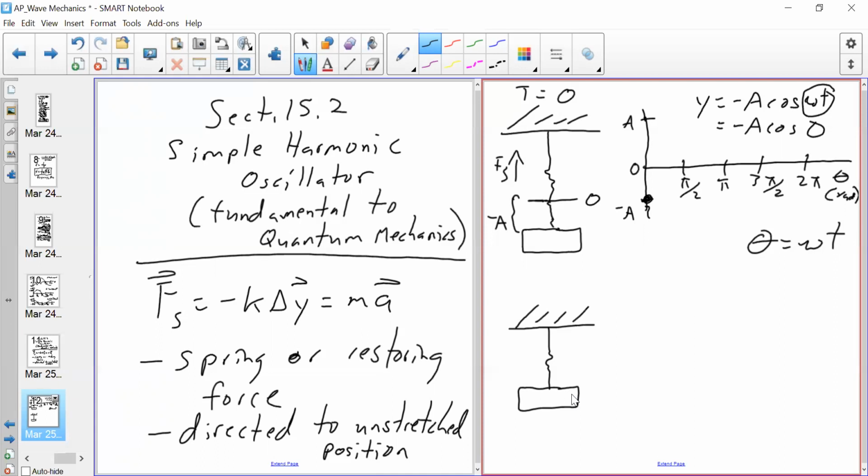Then it goes a quarter period to pi over 2, which is this position, y equals 0. And then it goes half a period to pi, and 3/4 of a period to 3 pi over 2, and a full period at 2 pi. So it's unit circle all the way around.